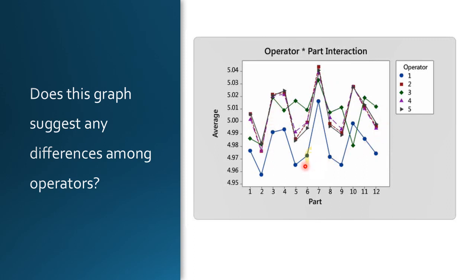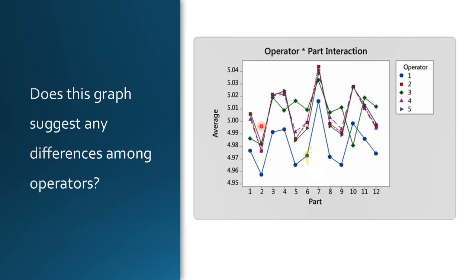We can see here operator one's measurements are lower than almost all of the other operators' measurements. Also, operator 3's measurements are different from almost all of the others' measurements.